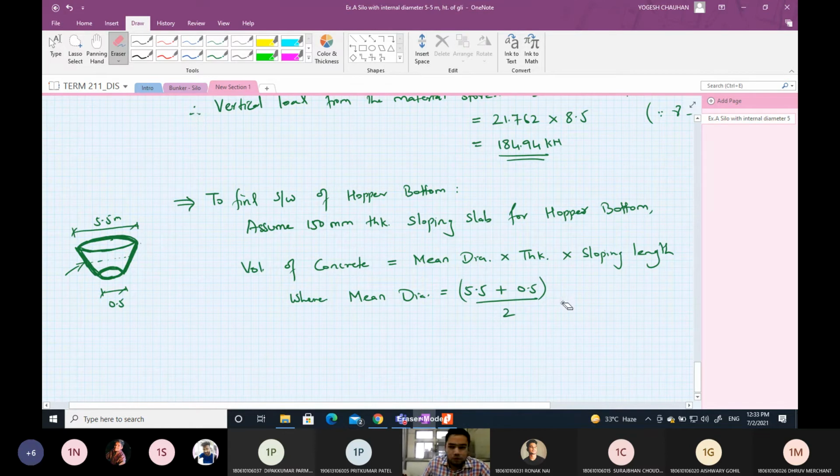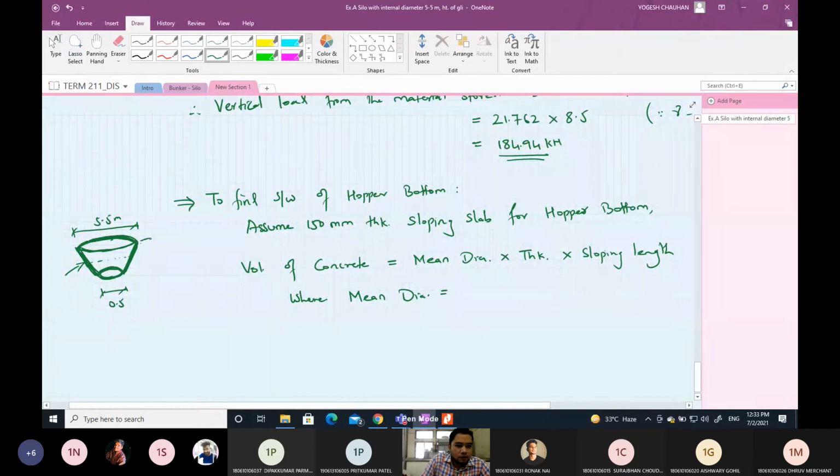No, we find the mean diameter at this level, the top level.